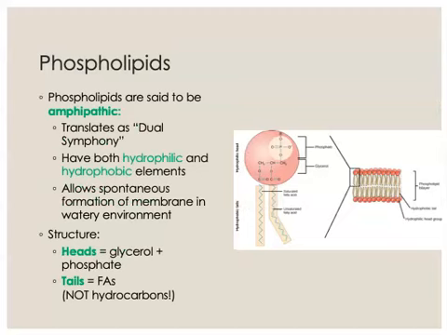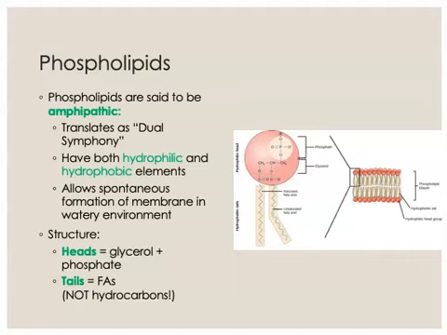Phospholipids are one of the macromolecules that are said to be amphipathic. Remember, when we use the word amphipathic, it translates as dual sympathy, 2 natures within this molecule, both hydrophilic and hydrophobic chemistry. The head portion of a phospholipid is hydrophilic, and the tail portion is hydrophobic.